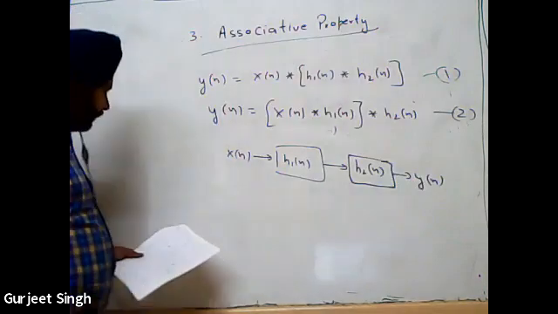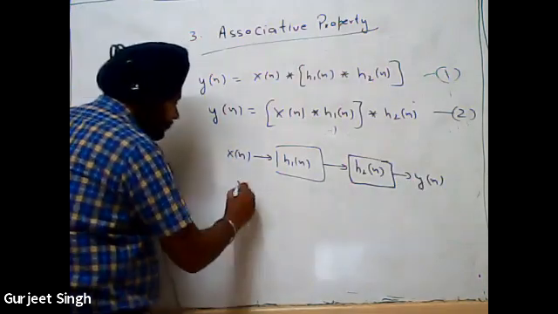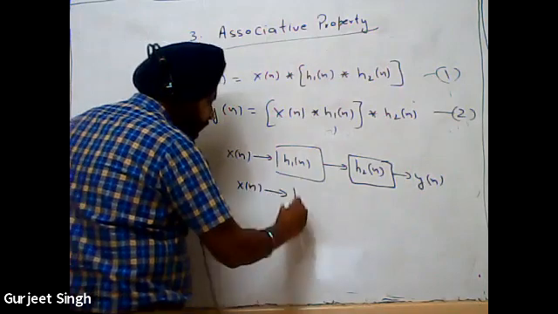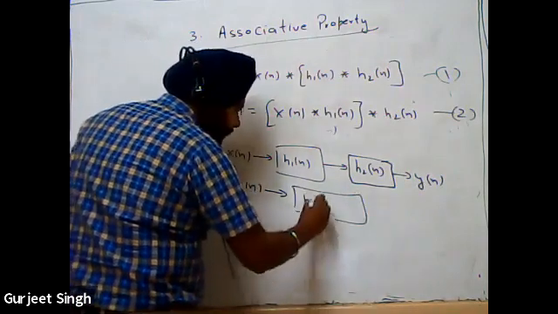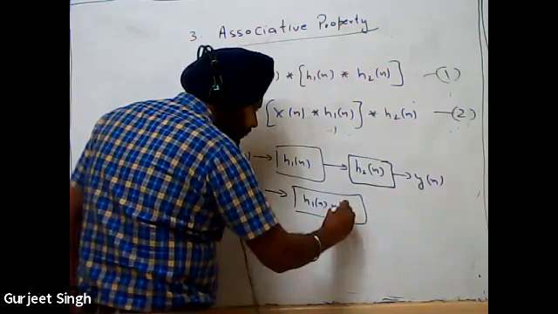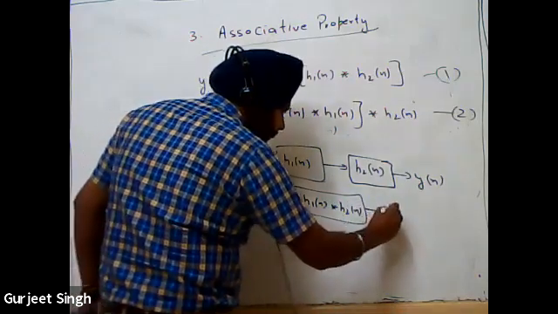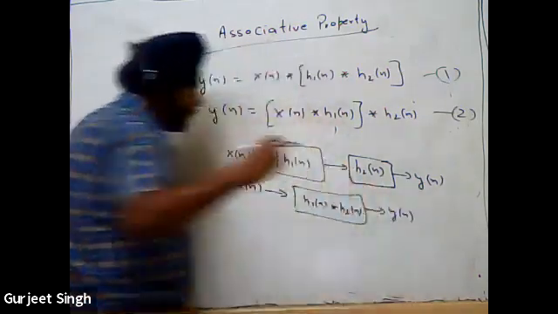And if we have another system, where x[n] goes into h1[n] convolved with h2[n], then its output is y[n].